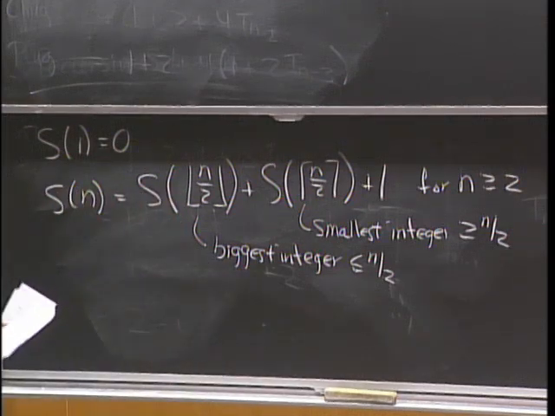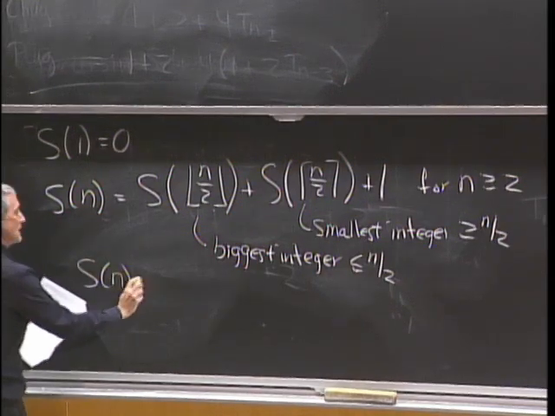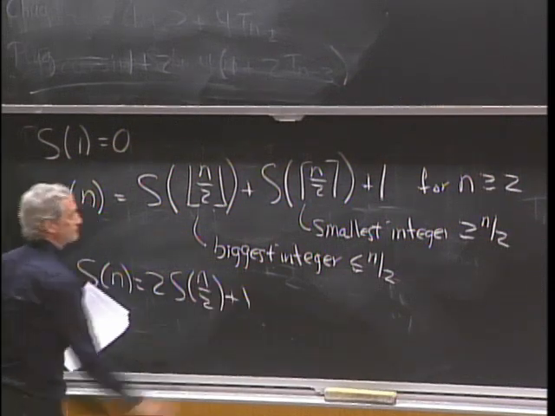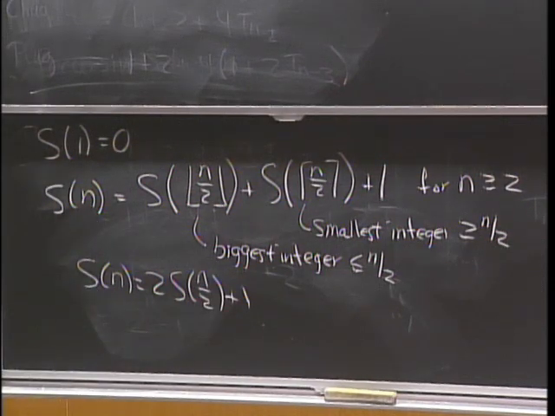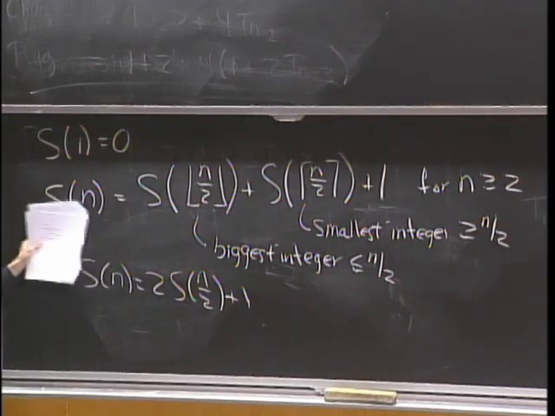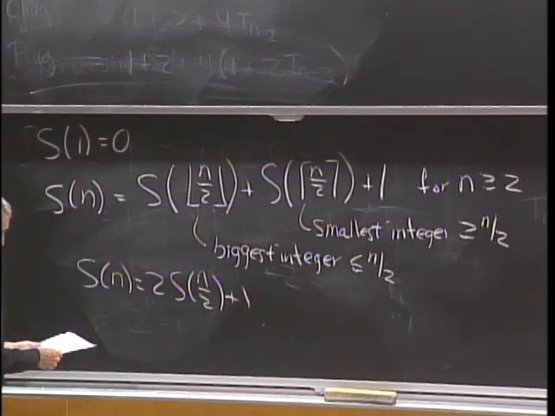All right? Now, if we had just powers of 2, this would be much easier to write. It would just be S of n equals 2 S of n over 2 plus 1. So it's analogous to what we're doing up there, where we're just adding 1 instead of n minus 1. But I'm being careful now. I'm going to make this recurrence work for all natural numbers, because sometimes in reality you're dealing with non-powers of 2.